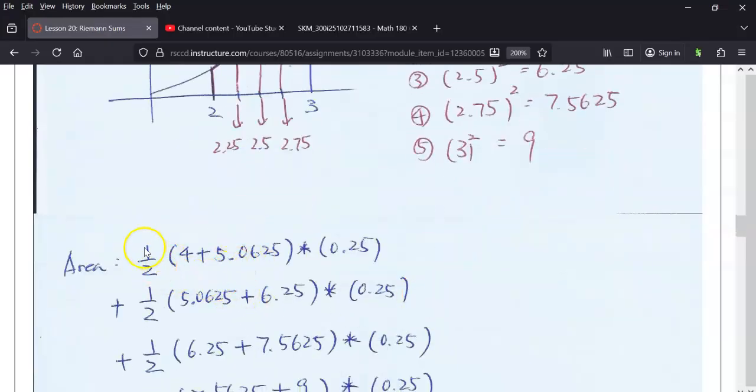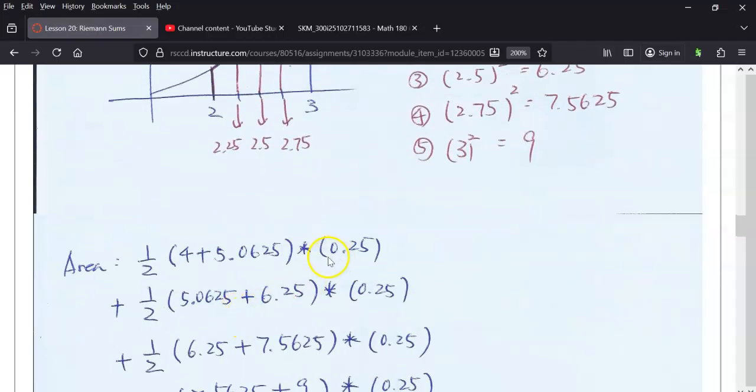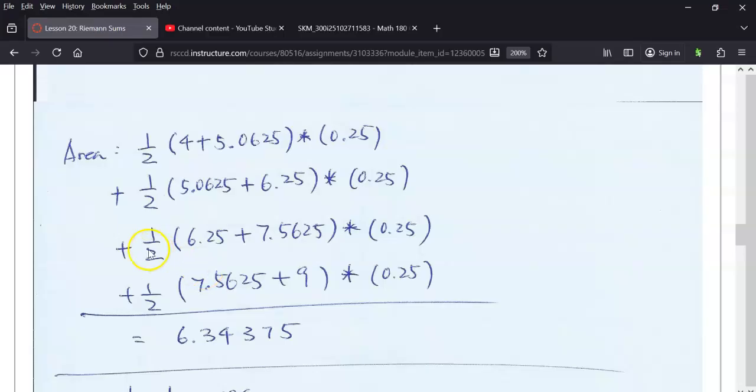The formula will be 1/2 times base one plus base two, times the width of the first trapezoid. Then we do the same with the second one: 1/2, evaluating from 2.25 and 2.5, you get 5.0625 and 6.25. These are base 1 and base 2, times again the width, 0.25. We do the same thing with the third trapezoid and the fourth trapezoid.